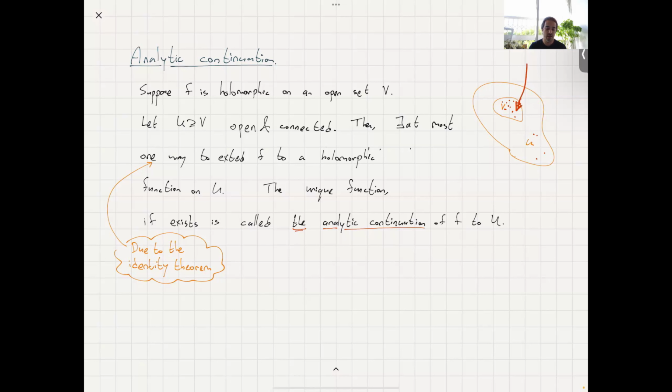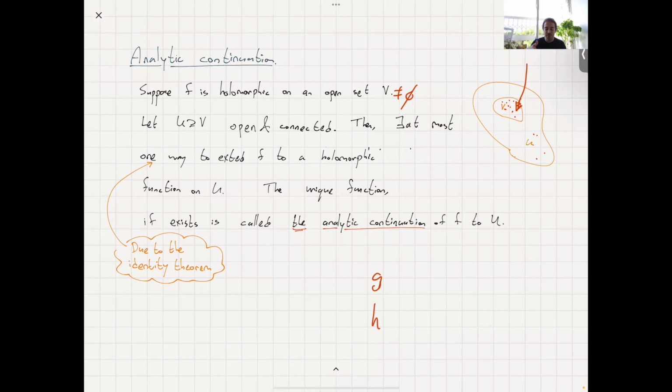Then the theorem is, well, it's a corollary from what we did, so I don't say this is a theorem, but the point is that there exists at most one, not always there exists one, but at most one way to extend F to a holomorphic function on all of U. Because if you had two ways of doing that, G and H, two holomorphic functions on U, each of which agrees with F on V, then by the identity theorem, because V is open and of course non-empty, it has an accumulation point.